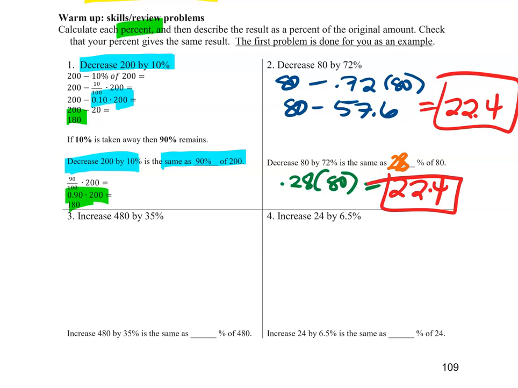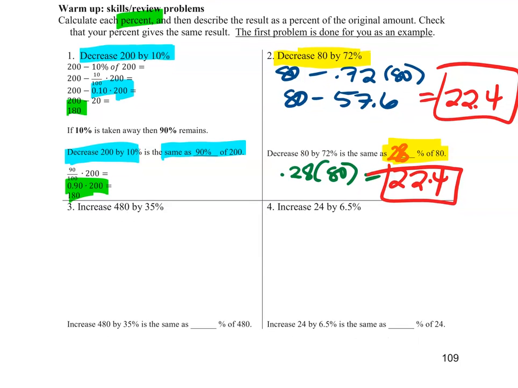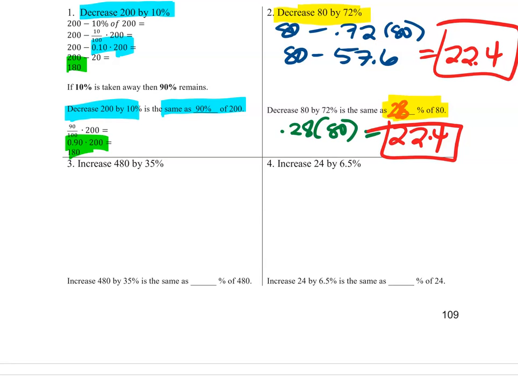Okay, so take note, decrease 80 by 72% is the same thing as 28% of 80. Next one, number 3. Increase 480 by 35%. So here we would increase our number 480 by 35%. From 1 and 2 we decrease, so we subtract.